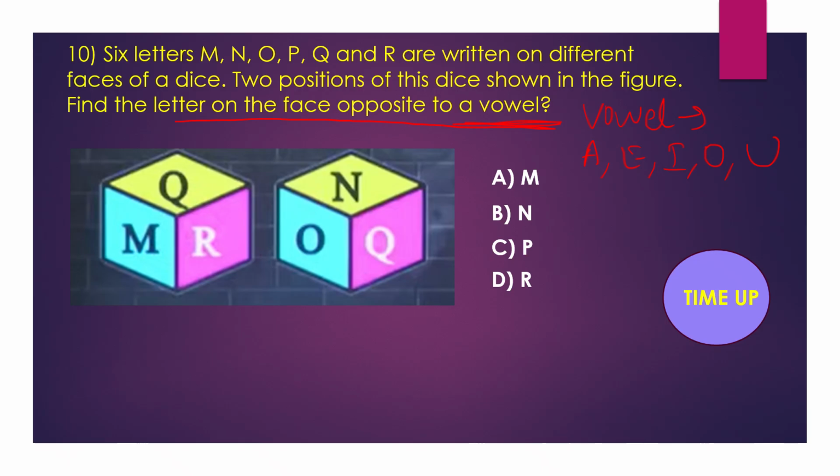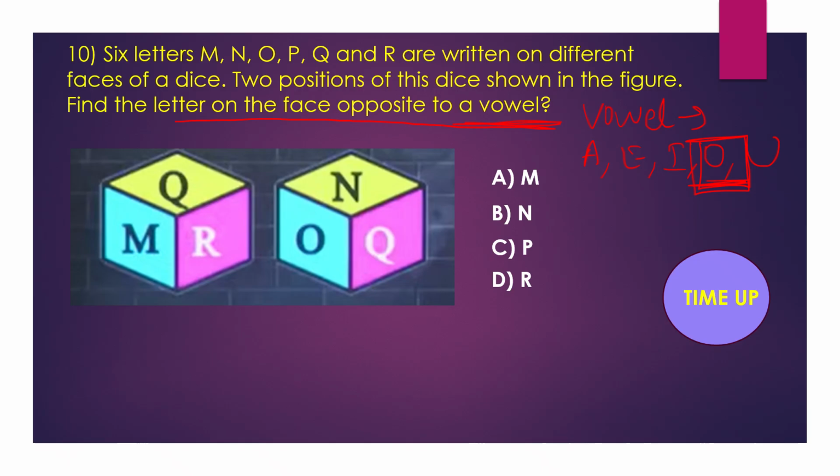No. Which vowel can you see on the dice? O. So we need to find out the opposite of O, because the vowel O is the only one present on both the dice. So we need to find out the face opposite to a vowel. That vowel is O.